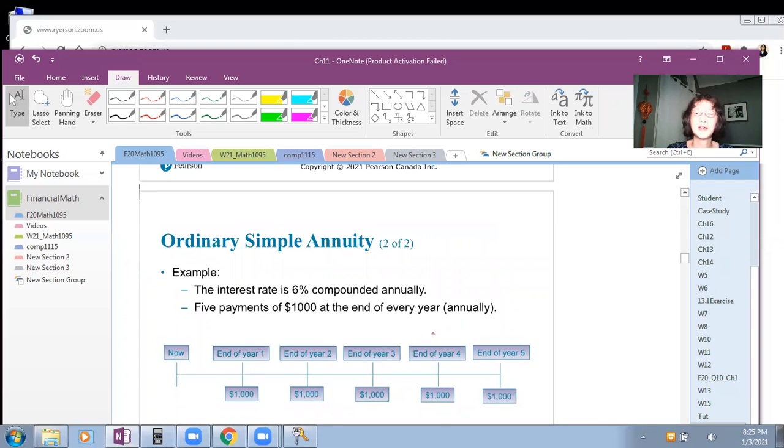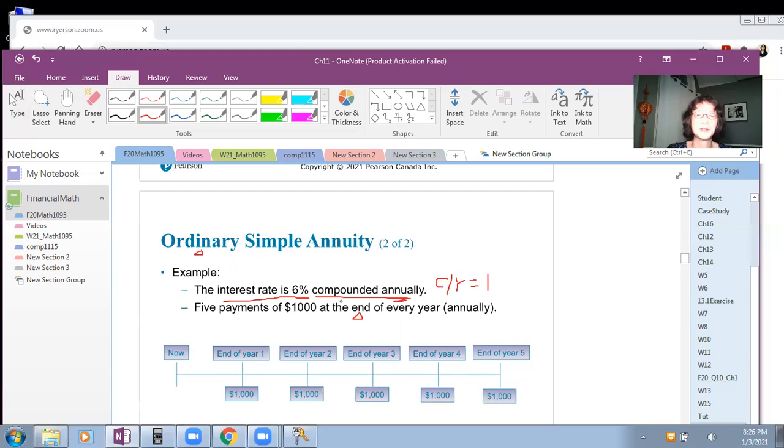So let's look at an example. For an annuity, the interest is 6% compounded annually. Compounded annually means CY equals 1 per year. It is just one conversion period. There are 5 payments of 1,000 at the end. This end means it is ordinary.